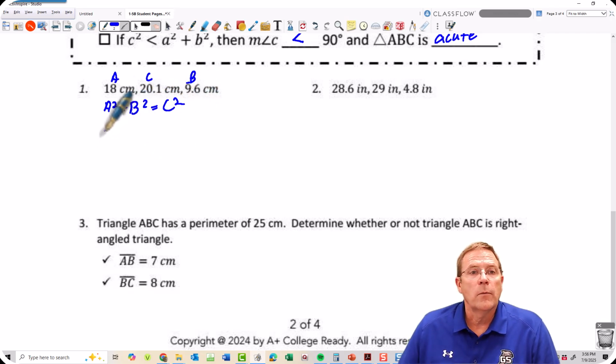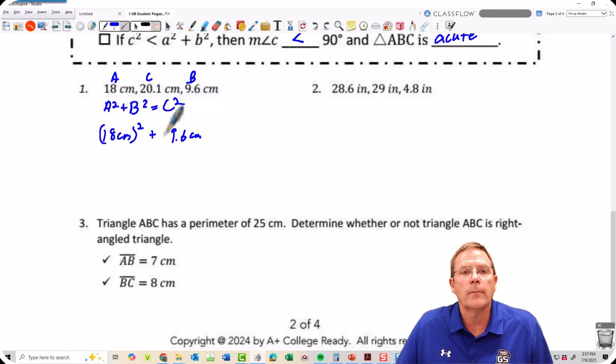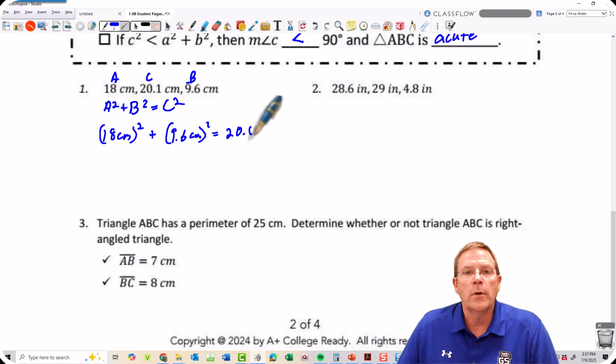From here, we're going to plug in what we know. I've got 18 centimeters, all squared in parentheses, plus 9.6 centimeters, all squared in parentheses, should equal 20.1 centimeters, all squared in parentheses, if I did this right.